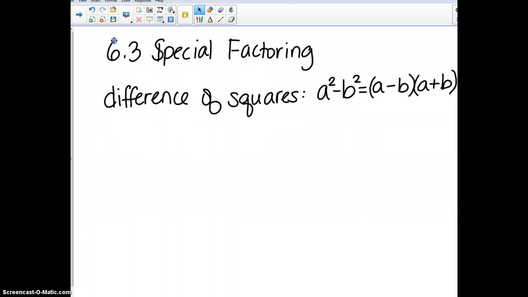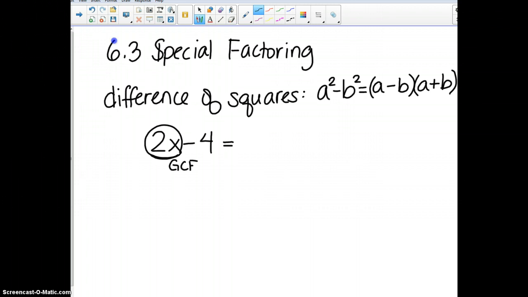Just because something has two pieces and has a minus sign doesn't mean that it's a difference of two squares. Something like the binomial 2x minus 4, even though 4 can be thought of as a square, there's no perfect square with this first term. Still, the first thing you should always look for when you're factoring anything is the greatest common factor.